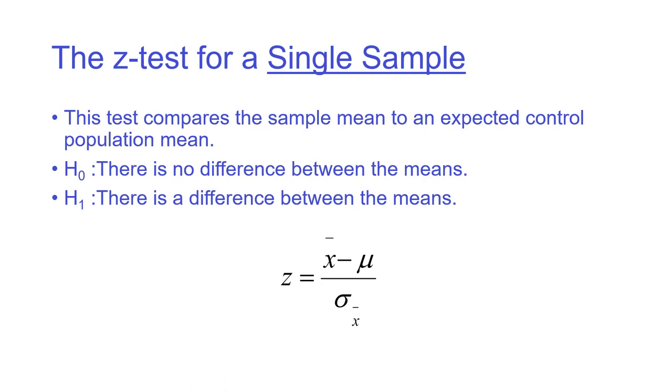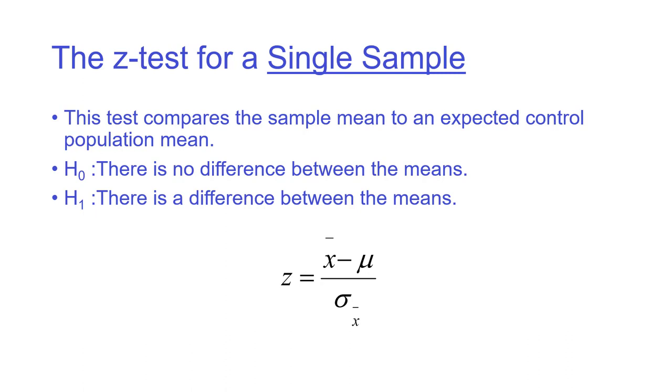This means I'm comparing a single sample to an expected value that I found in the literature or from some control population. So the null hypothesis is there's no difference between the means. The alternative is there is a difference between the means. So I calculate the Z-test statistic from this formula: the mean of my sample minus the mean that I found out from the literature, divided by the standard error of the mean.